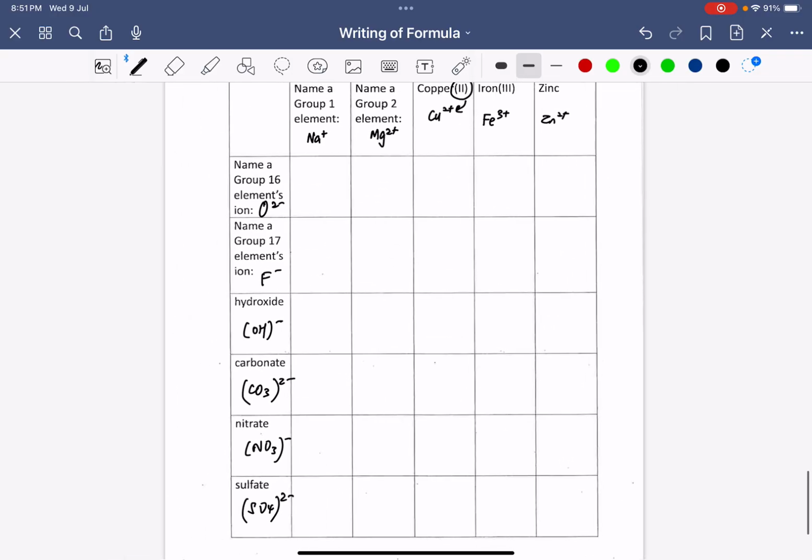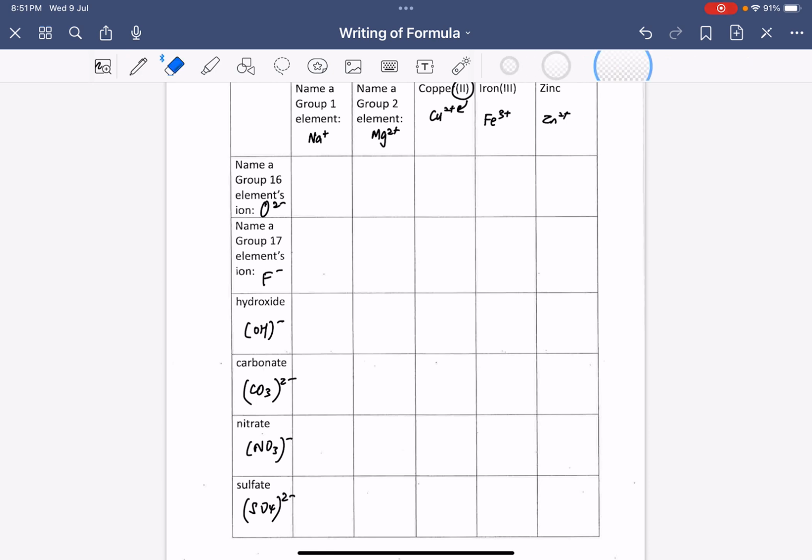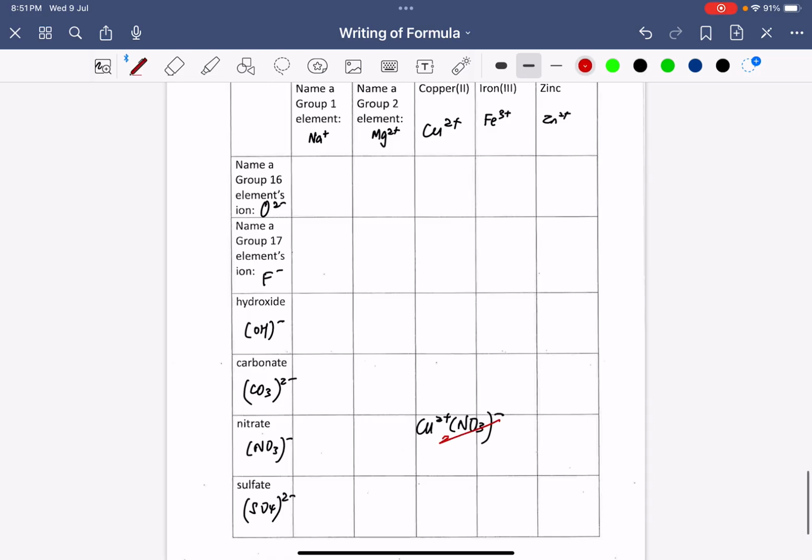Now with this, I want you to write this down and continue on your chemical formula writing. Take for example, if I have Cu2 plus and NO3 minus, do the same thing as cross multiplication and give you, remember your bracket, Cu(NO3)2.